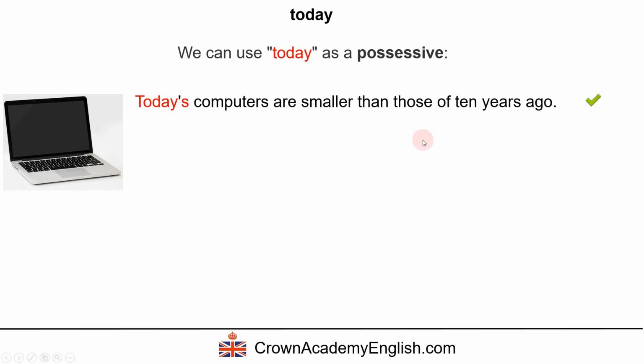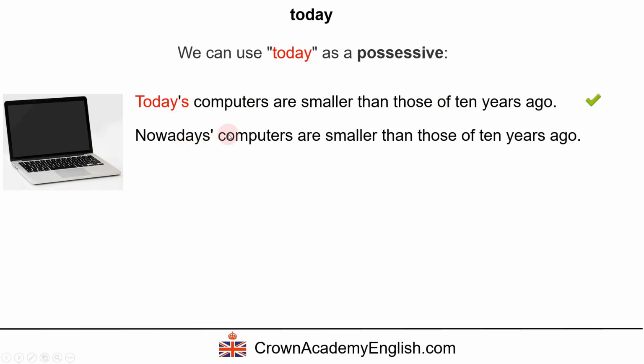So you can see this is the comparison with the past. And we can only do this with the word today. We cannot do this possessive with the word nowadays. This is incorrect grammar. So that is why we use the word today.